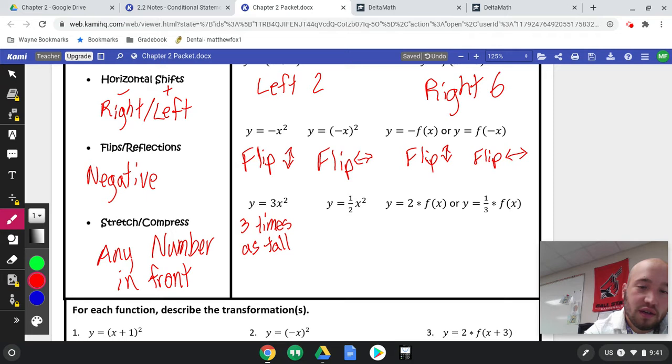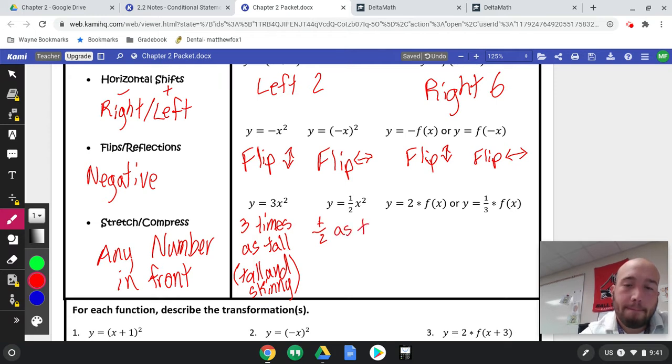It's going to be tall and skinny, you could think of it as. If there's a 1/2 here, it's going to be half as tall. That one will look short and fat. Kind of looks like it got squished maybe.